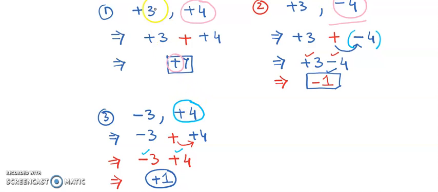Now let us move towards the fourth and last addition of two integers. Let us take now both the numbers as negative, minus 3 comma minus 4. Both the integers are negative and we have to add them. Let us do that.